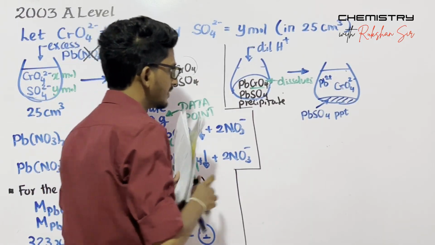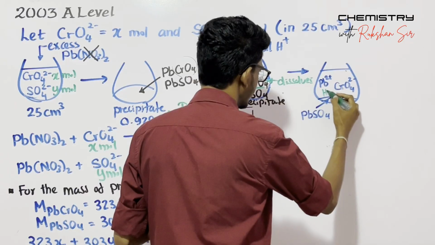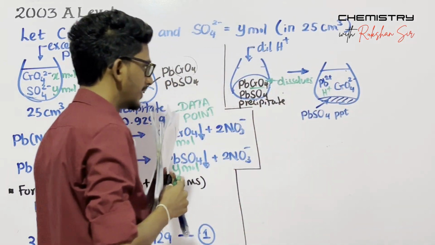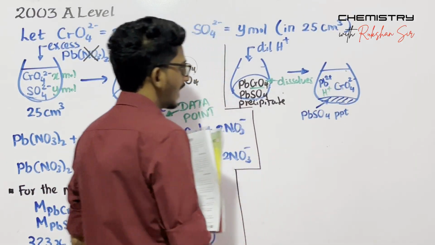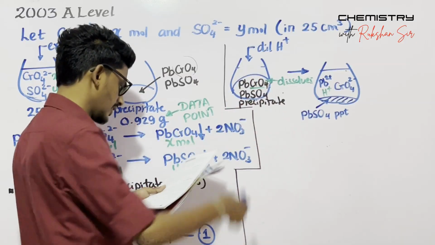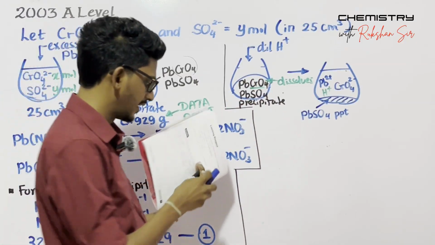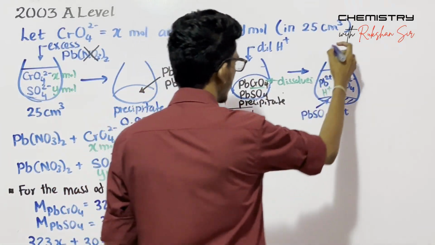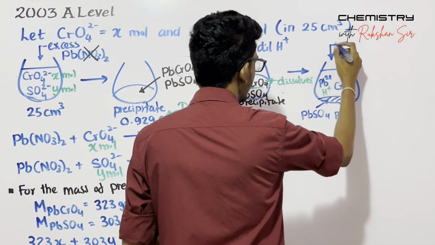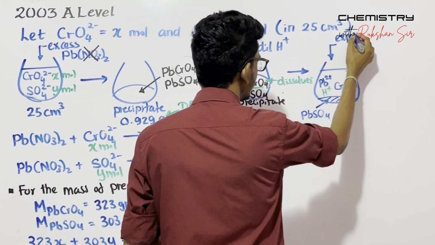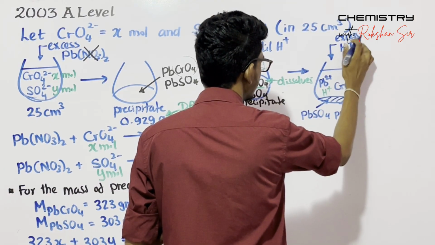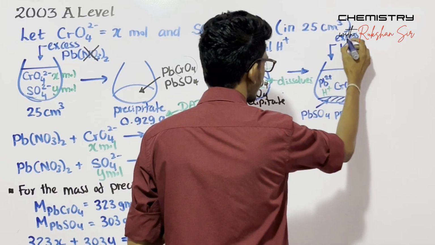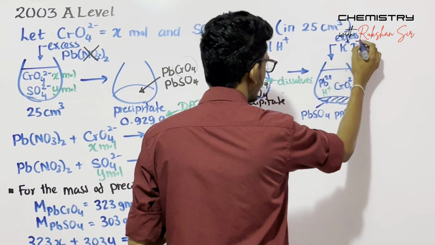And remember, the medium is acidic, as you have added some H plus. Now this is how the system looks after adding HCl, and then excess of KI is added. KI means K plus and I minus are added.